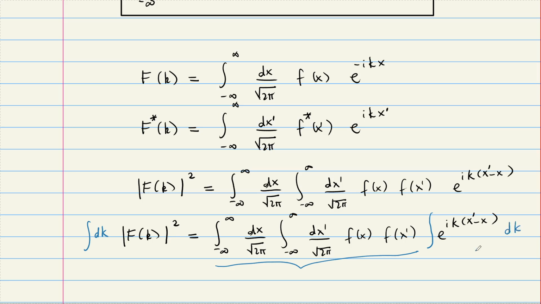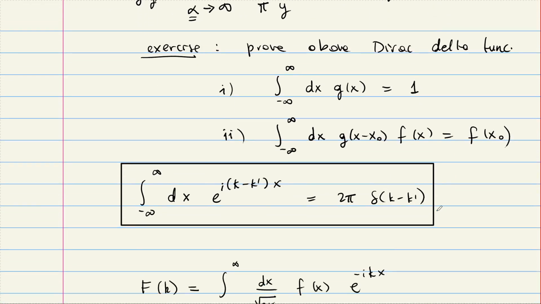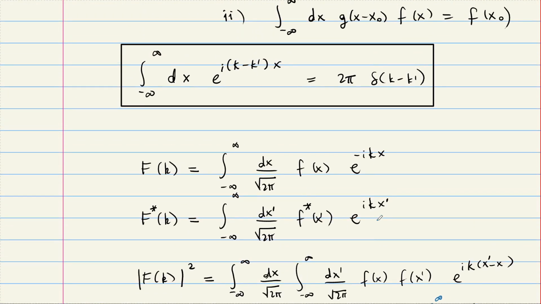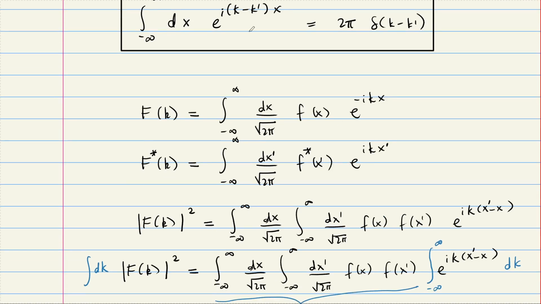So this is dk from minus infinity to plus infinity. But we found an expression for this: e to the i x (k minus k prime), over 2 pi. The only difference is that these are dummy labels.